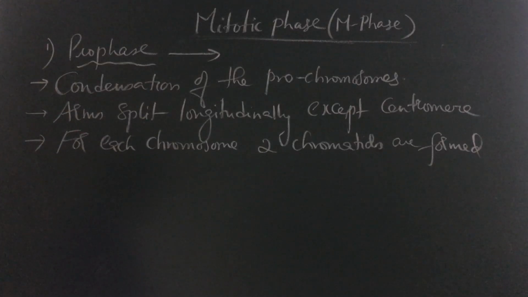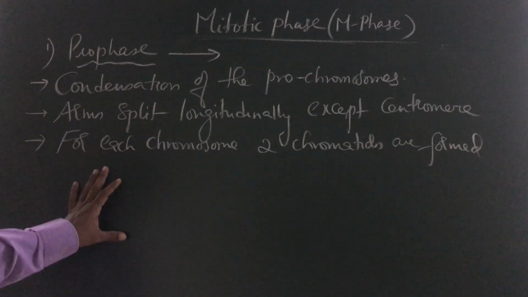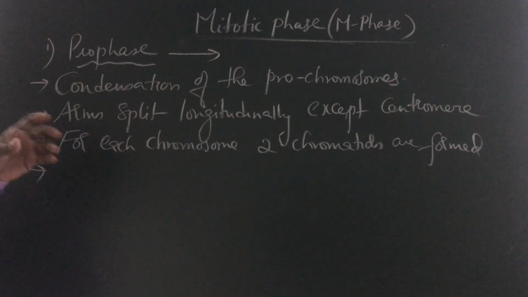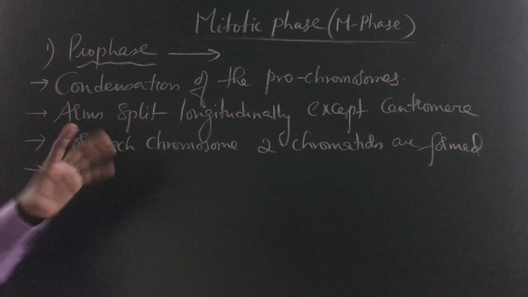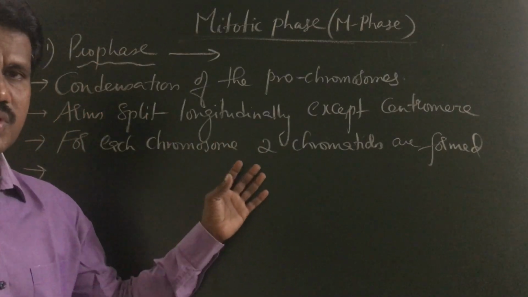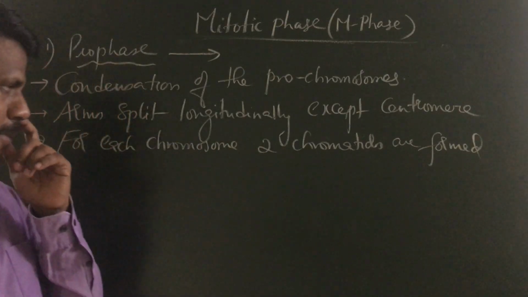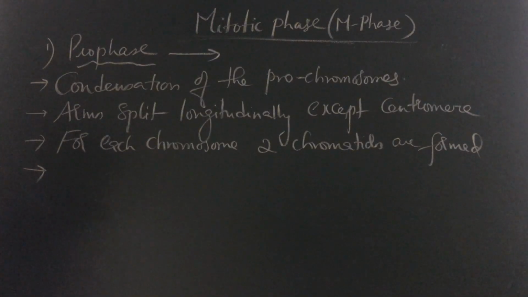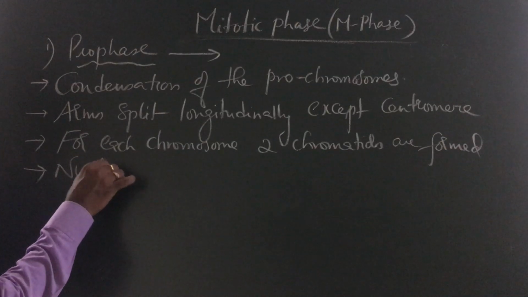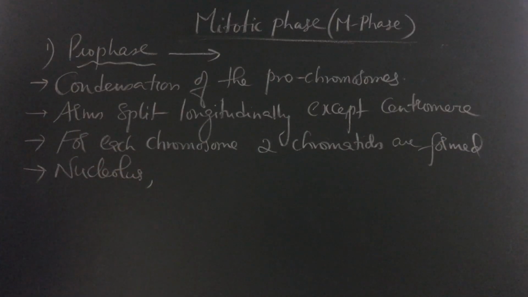Next, the nucleolus, nuclear membrane, Golgi complex, and endoplasmic reticulum disappear in this prophase. Because if the nuclear membrane disappears, only then will the chromosomes come into the cytoplasm. The nucleolus is present inside the nucleus for rRNA synthesis.